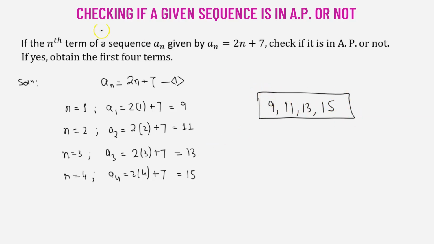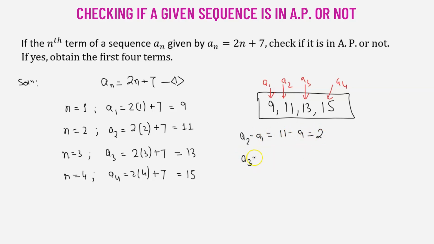Now let's name them. So this is a1, this is a2, the second term, 13 is the third term, a3, and 15 is our fourth term, a4. Now we'll compute a2 minus a1. So this will be 11 minus 9, which gives us the value 2.